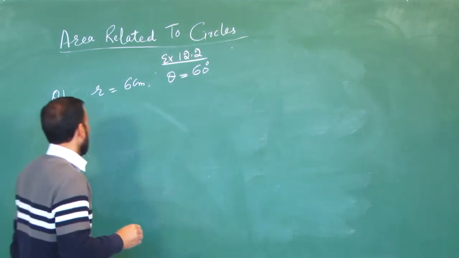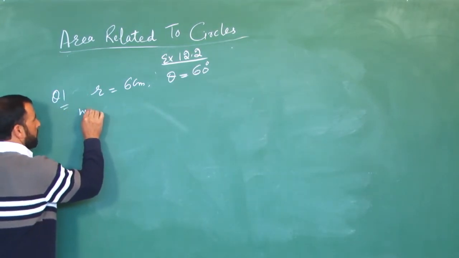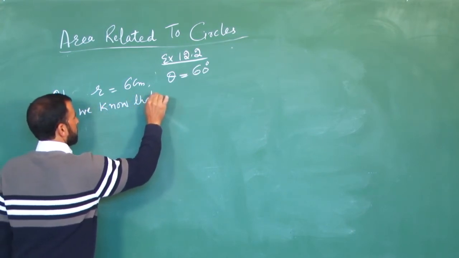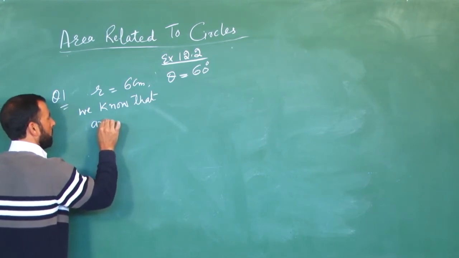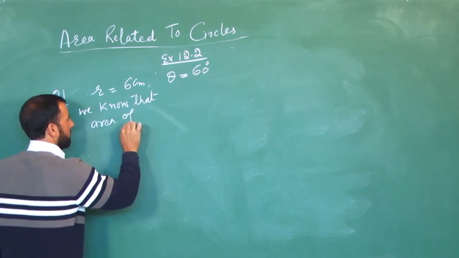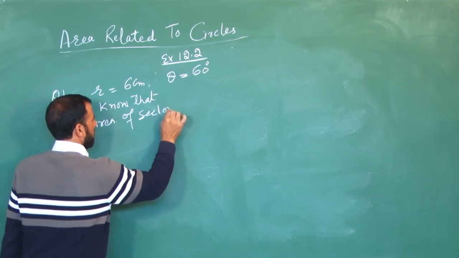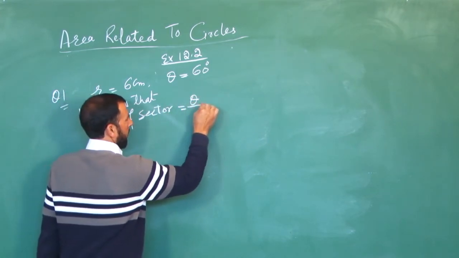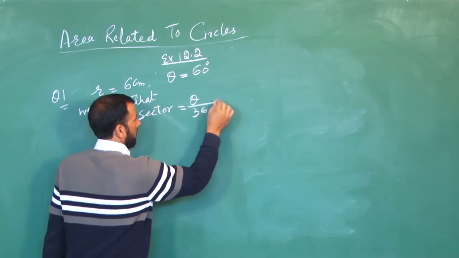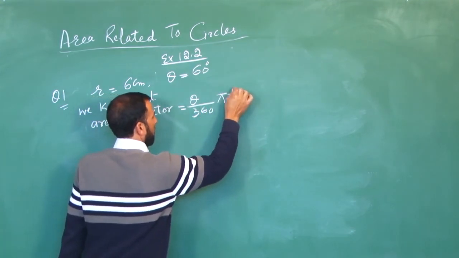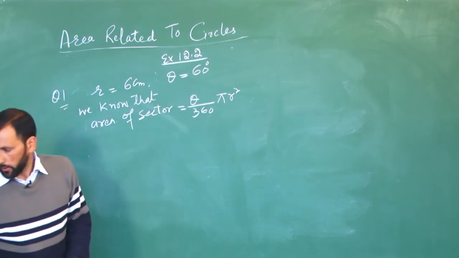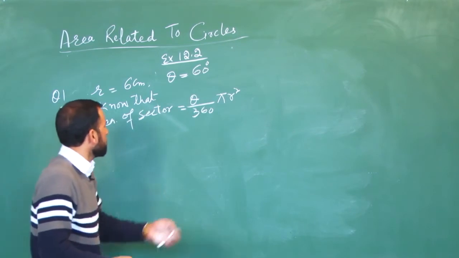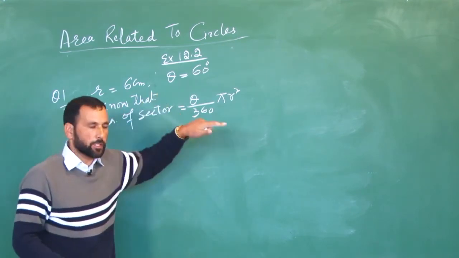We know that area of a sector is equal to theta divided by 360 into pi r square. So here theta is given, that is 60 degrees, and radius is given, that is 6 centimeter.